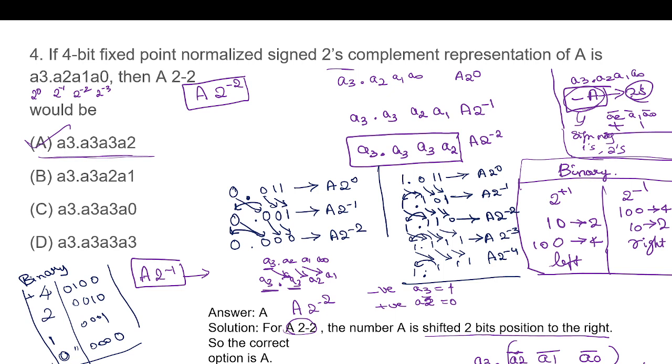For multiplying with 2 to the power minus 1 only, right shift. For multiplying with plus 1, left shift. For minus a, it is like minus 1 multiplication, so no shift. Okay, ma'am, got it. Yes.